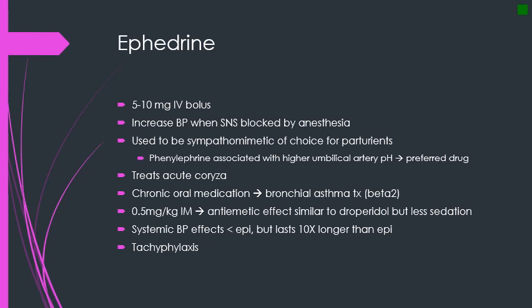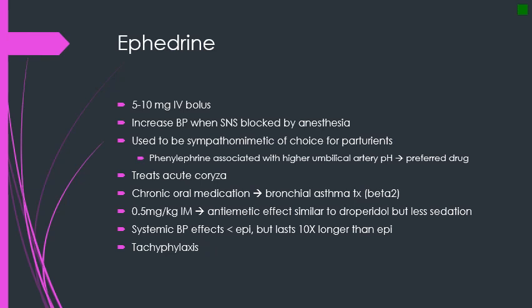It treats acute coryza, chronic oral medications, your bronchial asthma treatments, which are your beta-2 stimulants that you provide for your asthmatic patients. Those patients may need your direct acting sympathomimetics as compared to your ephedrine.